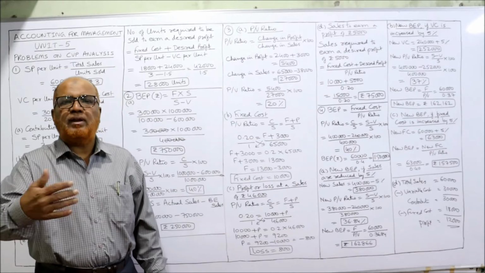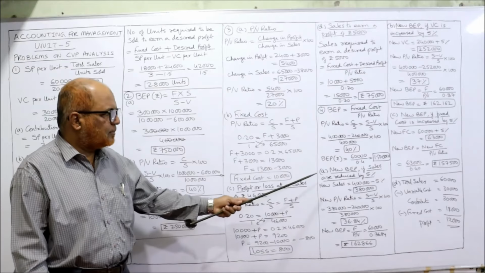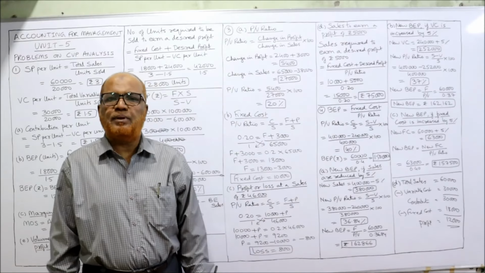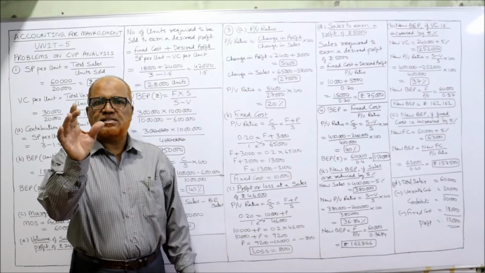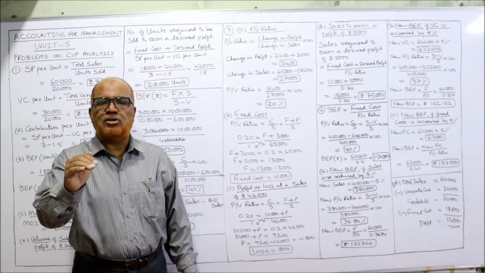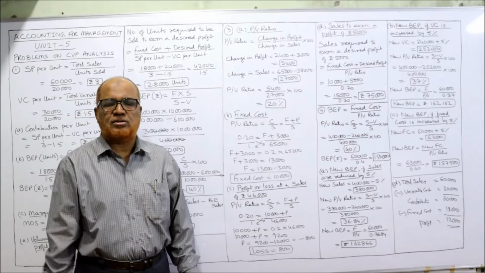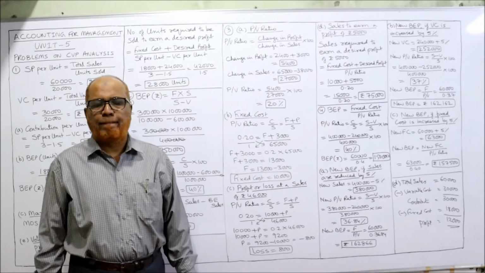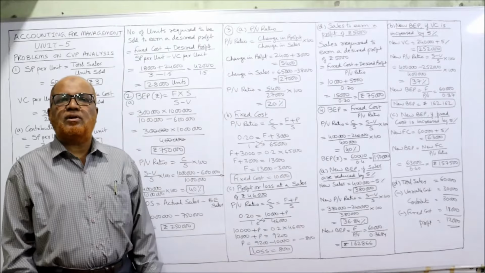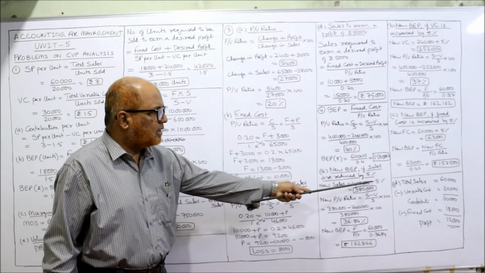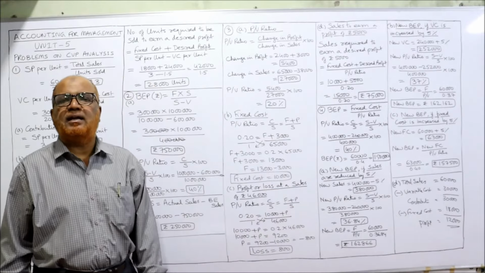Now, one by one we'll make the changes. A point: new BEP if sales are reduced by 5%. If sales are reduced by 5%, there is no change in variable cost and no change in fixed cost. Only sales are changing. Earlier, the sales was 4 lakh. Now with a 5% decrease, 4 lakh minus 5%, you will get 3,80,000.